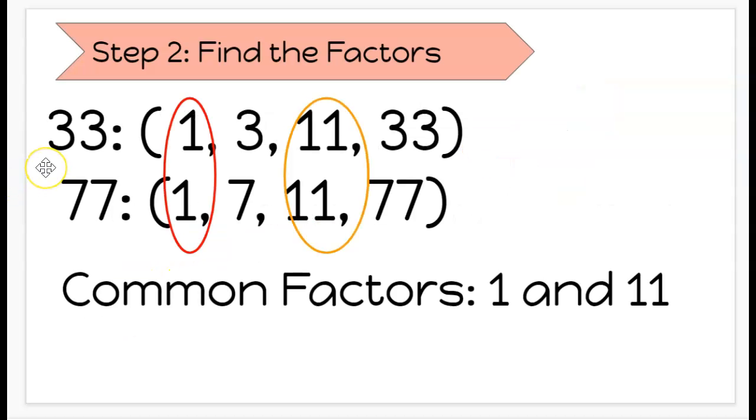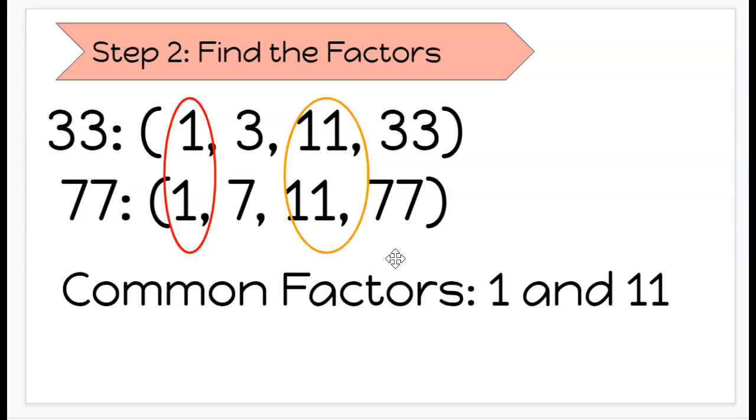So we list 33 and 77. Pull out your factors list and write your factors. For 33, I have 1, 3, 11, and 33. For 77, I have 1, 7, 11, and 77.